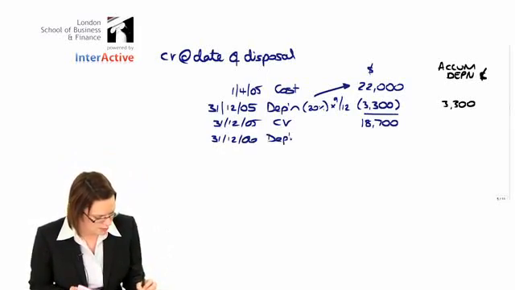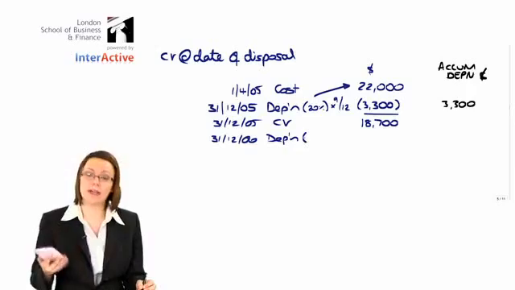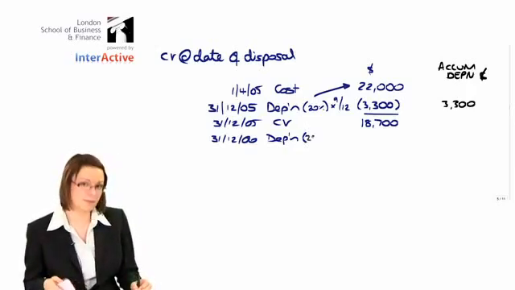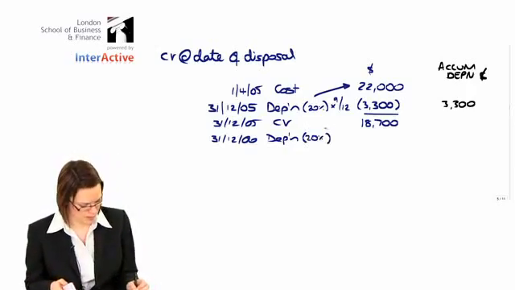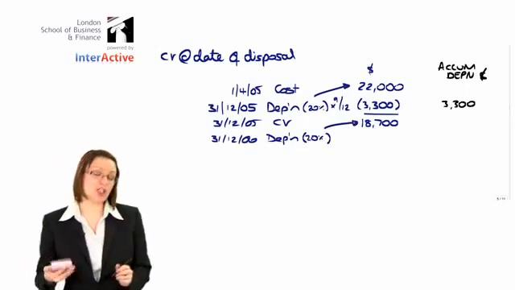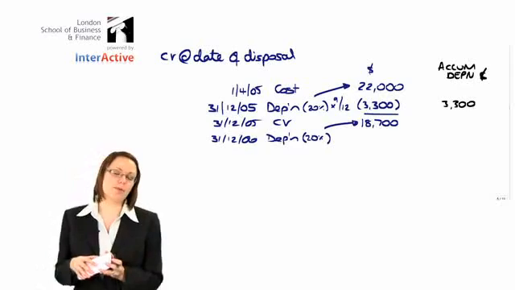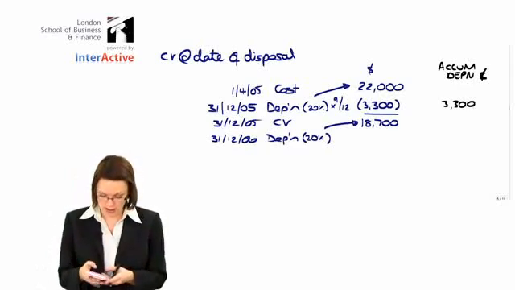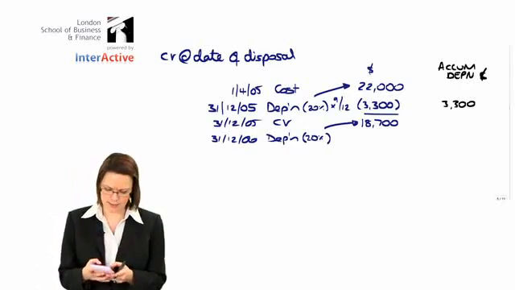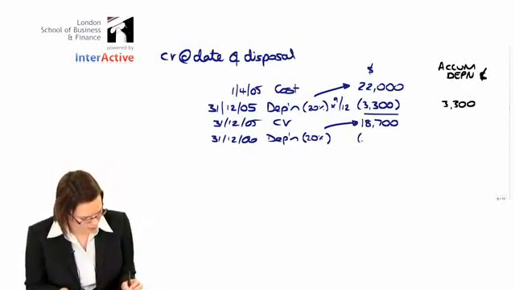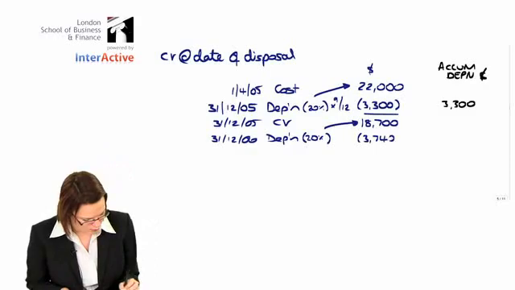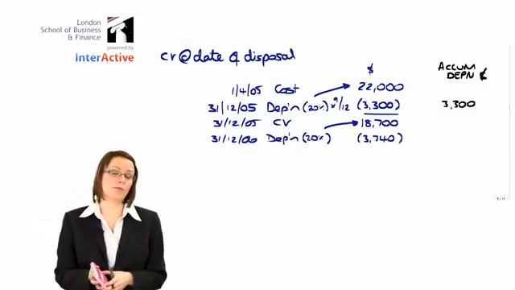We're going to charge depreciation on the asset, 20% reducing balance. And we're not disposing of the asset until 2009, so we would have held the motor vehicle for a full year. So a full year's charge would apply at 20%, should give us 3,740.